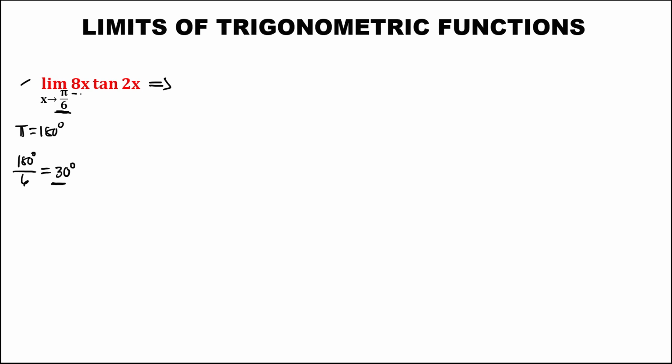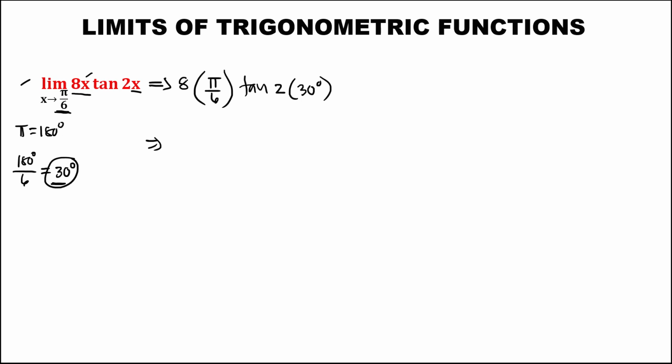So for this 8x, with x as a variable, this becomes 8 times pi over 6. Then we have tangent 2 times x, with x as an angle, so that's 30 degrees.